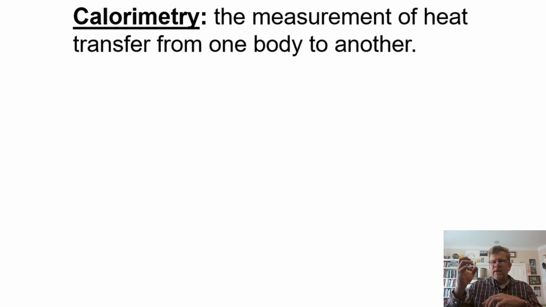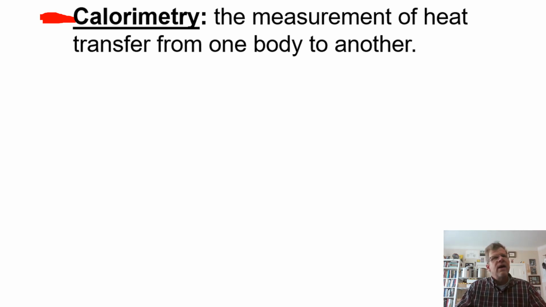With respect to my sample and my surroundings, that heat flow is exactly the same. It's got a different sign, positive or negative on it, but the number is exactly the same. That type of thing is what we use when we need to determine heat flow within a laboratory situation. This is known as calorimetry.